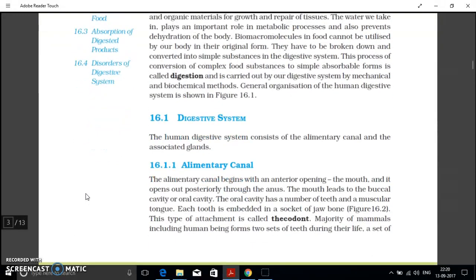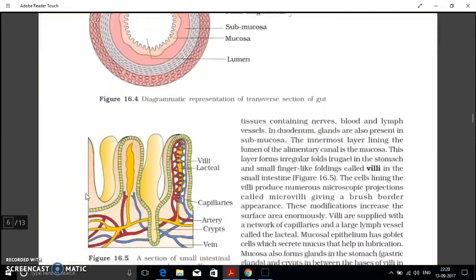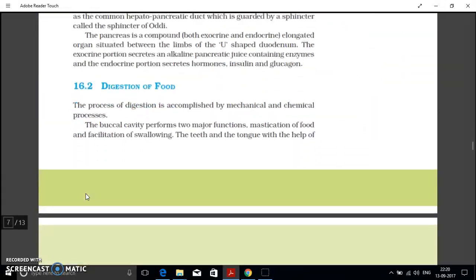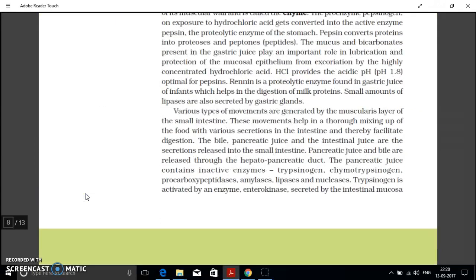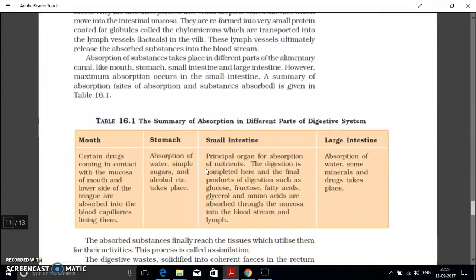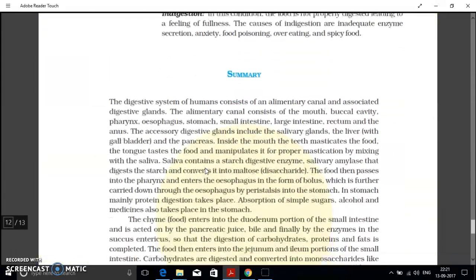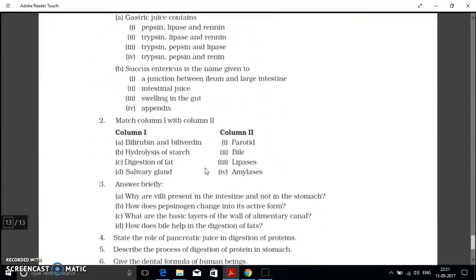So the digestion and absorption chapter I will be teaching you by the question and answers of the NCERT itself, and believe me, I will teach you each and every word from this NCERT via the question and answers only. So going to the question and answer section of this NCERT after the summary, you just read the NCERT theory portion after my question and answer.